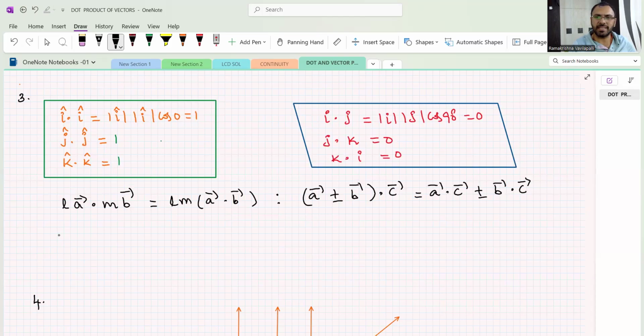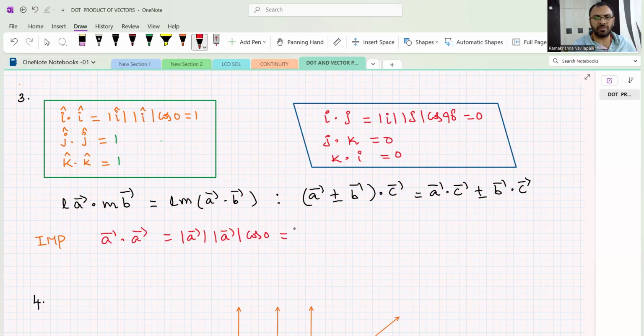And what is A bar dot A bar? The most important concept is what is A bar dot A bar. So here A bar dot A bar is equal to, the angle between A bar and A bar is 0. So I can write mod A bar into again mod A bar, according to the formula, into cos 0.